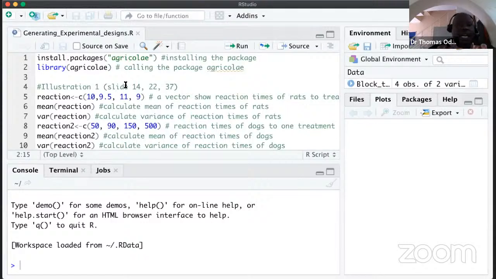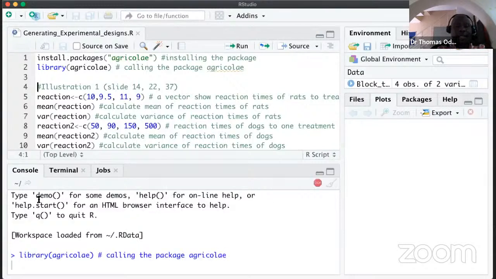Okay, so let's now load the package Agricole. We click on here and then we run. On top of the console, there is a small red sign.